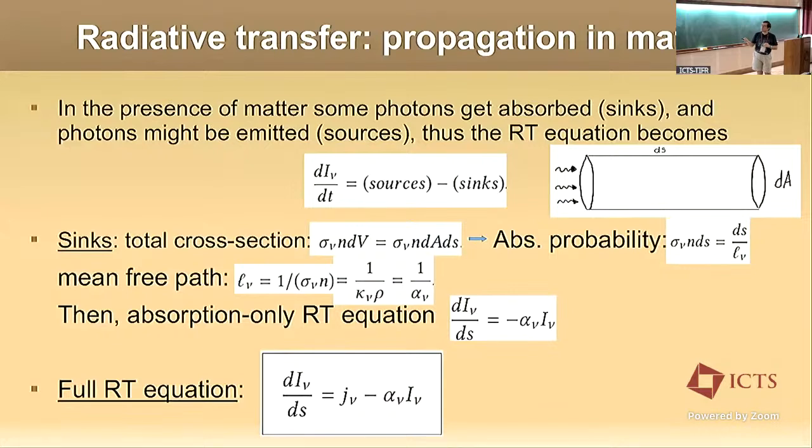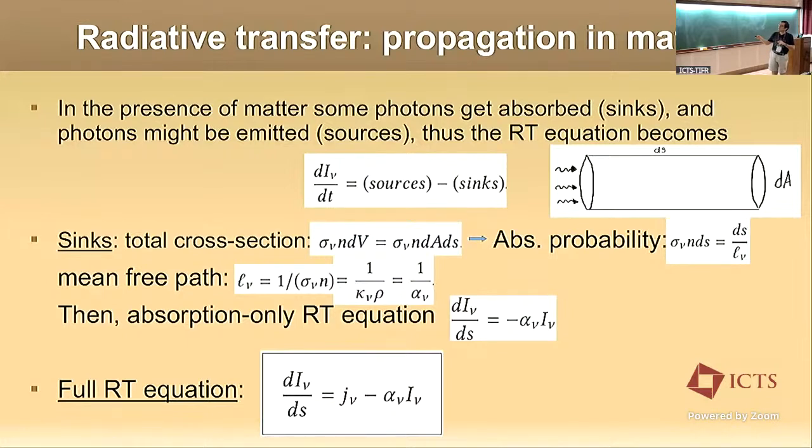And then you multiply by the volume to get the total number of atoms. So the total number of atoms times the cross-section just gives you the total cross-section, because that's the chance to hit something as you go through the volume, right? So if I run through the room, what is the chance to hit someone? Well, it depends on how many people there are. And of course, the volume is just the area times the distance as you go through.